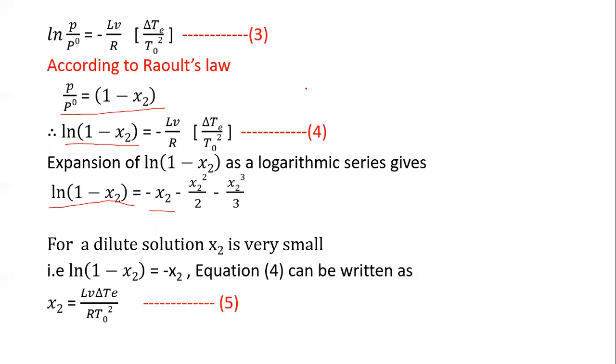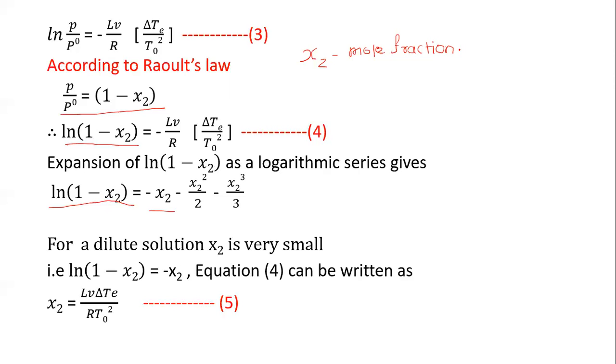What is x2 here? x2 is called the mole fraction of the solute, the mole fraction of the solute which is present in the solution. And for the dilute solution, this mole fraction of the solute becomes very small.